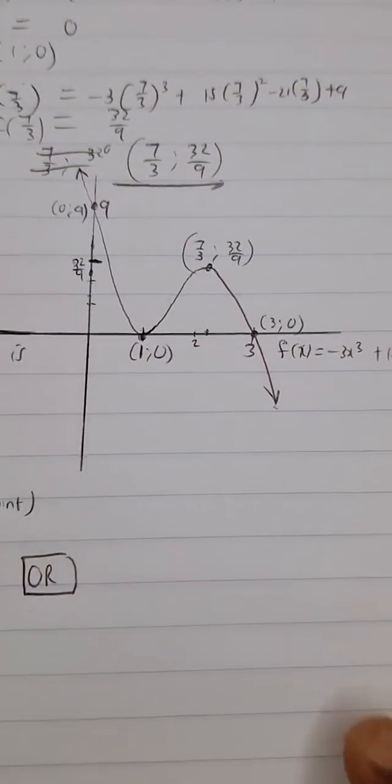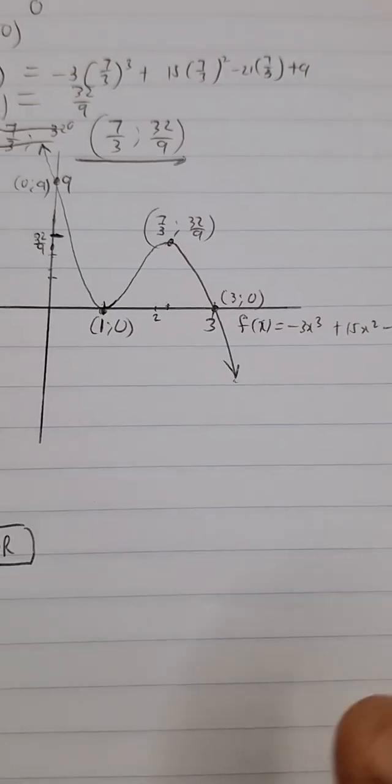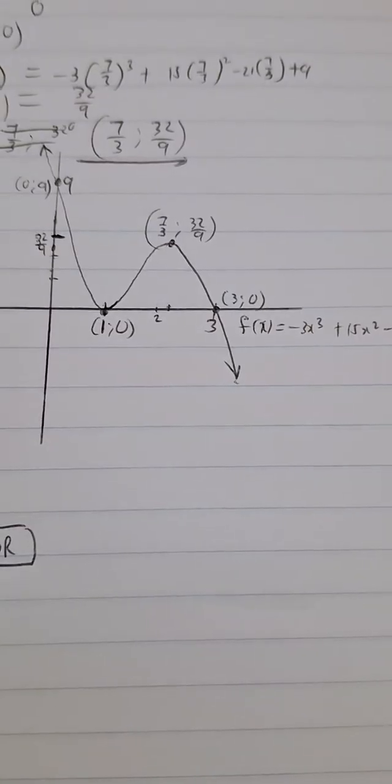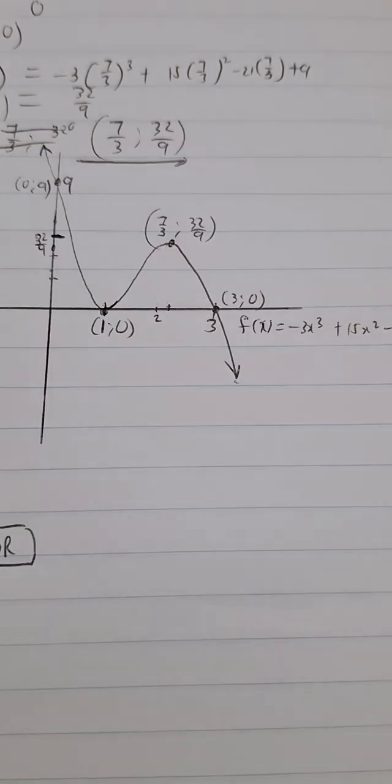I'll explain in the event that people are really super lost. They are asking for which values of k will f of x have exactly 3 different real roots. I'm going to mute my mic and give you guys a chance.